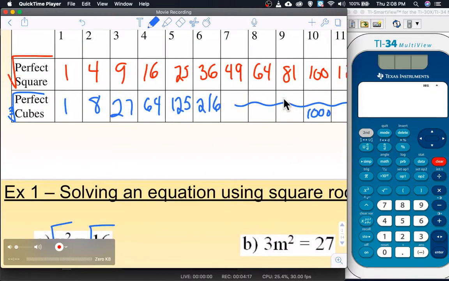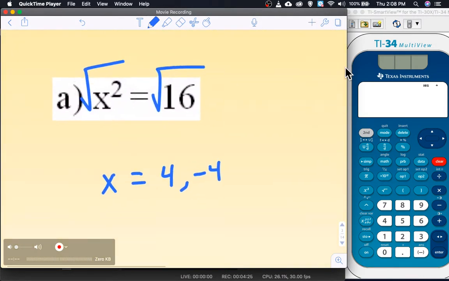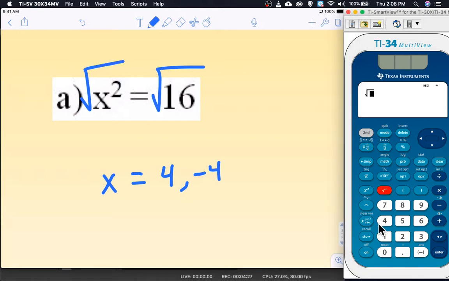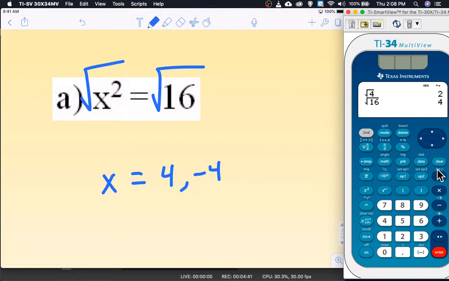That was up in our table. The square root of 16 is a perfect square. If we square root it, we get 4. Also, if you square root 16 using your calculator, you do get 4. And a reminder that whenever you take the square root, you get a positive and a negative answer.